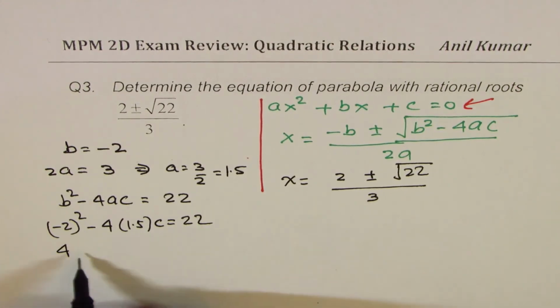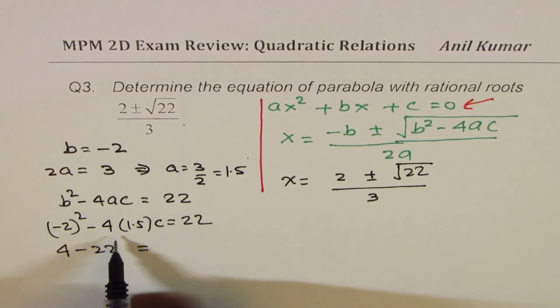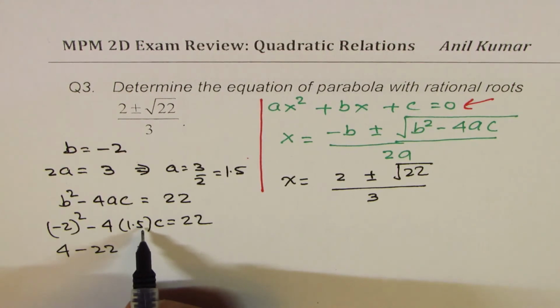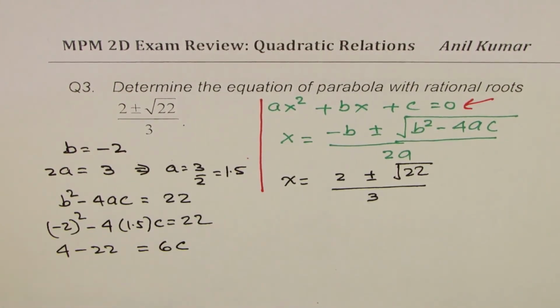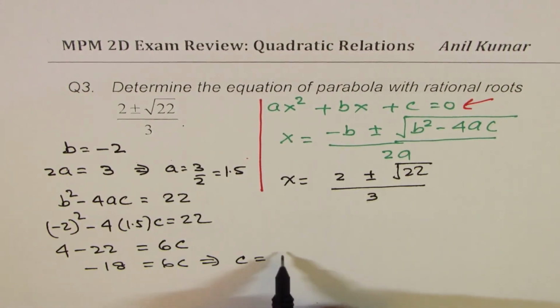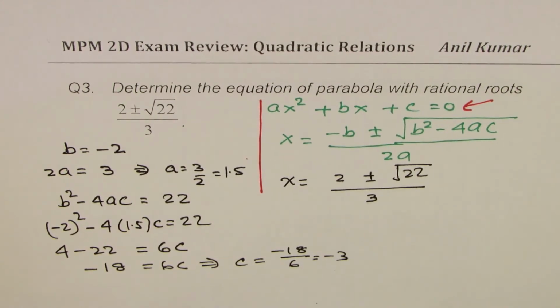So we get 4 minus 22. We'll take this to the right side. 4 times 1.5 is 6, right? We get 6c. So we'll end up with minus 18 equals 6c, and that gives you that c is equal to minus 18 over 6, which is minus 3.